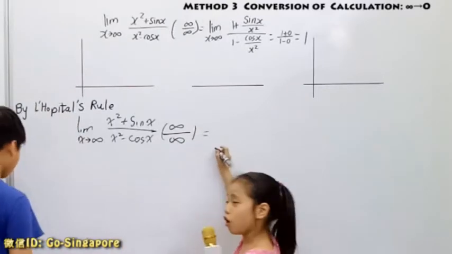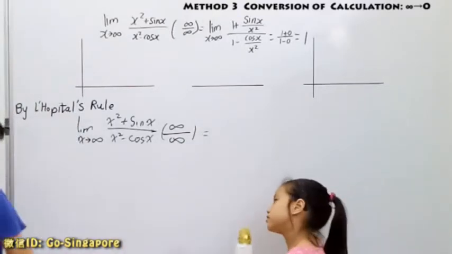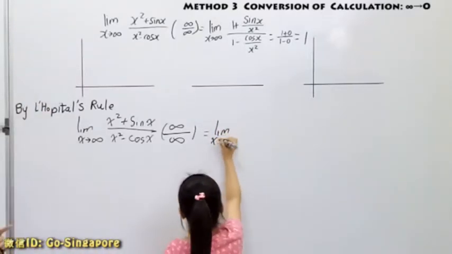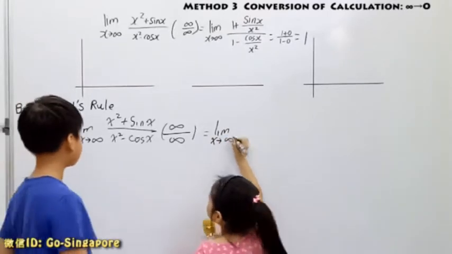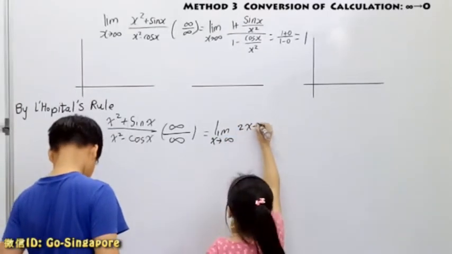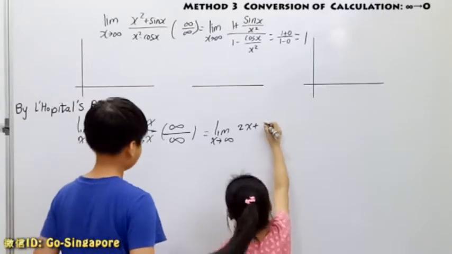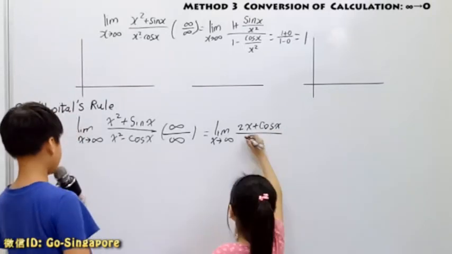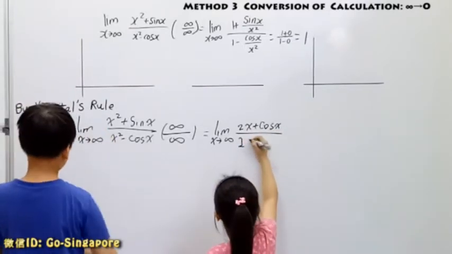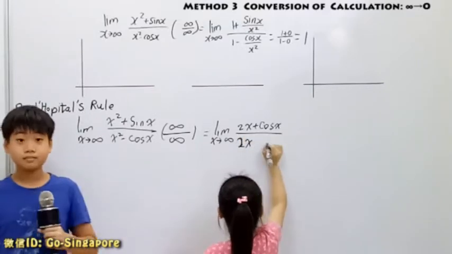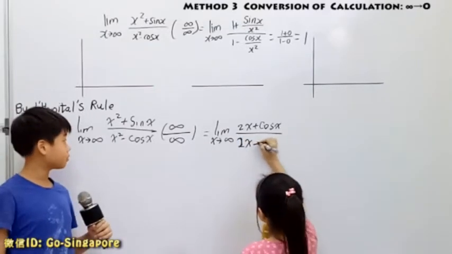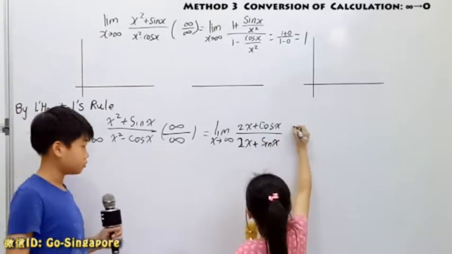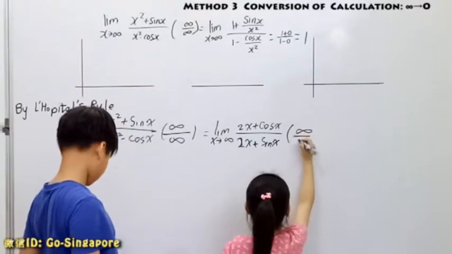I guess of course we can. Let's find out. You differentiate the numerator and denominator, and it is still infinity over infinity.